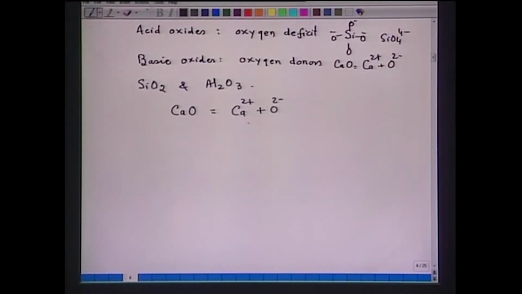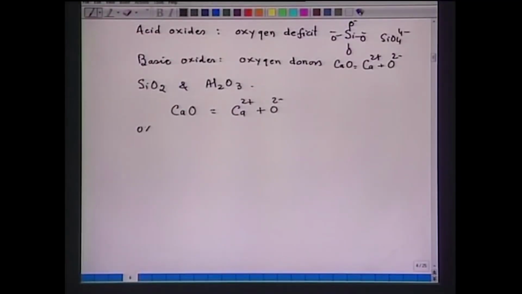Other way round, if I add 1 mole of calcium oxide, I am adding 1 mole of O2- ions. This 1 mole of O2- ions will break 2 vertices. If I add 2 O2-, then it will break all the 4 vertices. So, consider the total oxygen atoms upon silicon atoms in SiO2, that is 2:1.